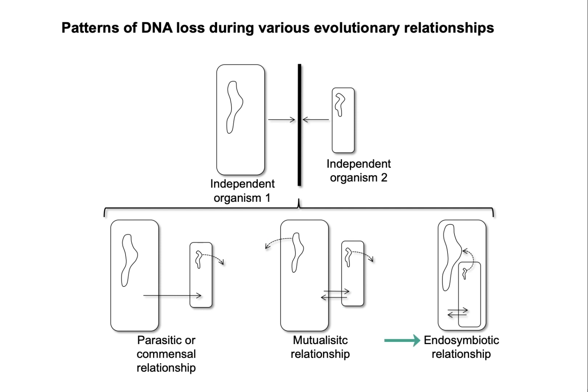And then in an endosymbiotic relationship or an organellar relationship, the genome of the endosymbiont or the organelle can be much reduced because they're getting most of their requirements filled by the host organism or the host nucleus. And so eventually they can lose 90% or more, and sometimes all of their genome.